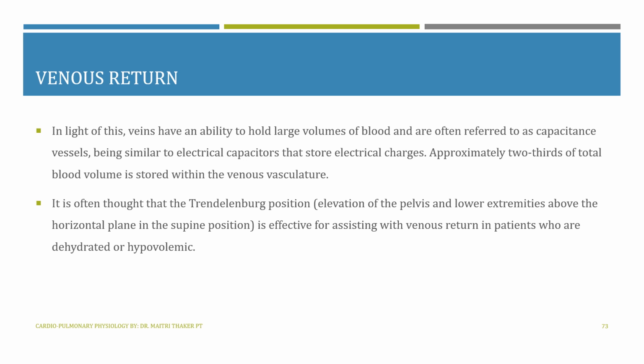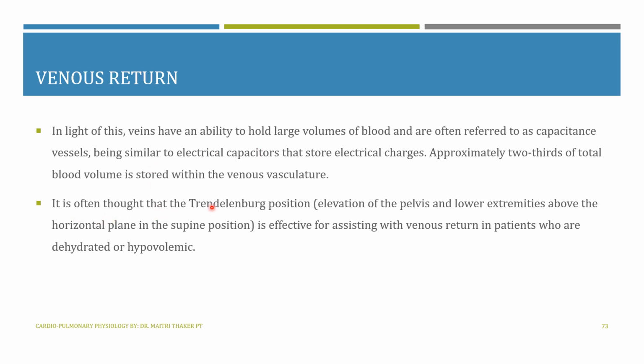In light of this, the veins have the ability to hold a large volume of blood and are often referred to as the capacitance vessels. Their blood storage capacity is high, similar to electric capacitors. Approximately two-thirds of total blood volume is stored within the venous vasculature.